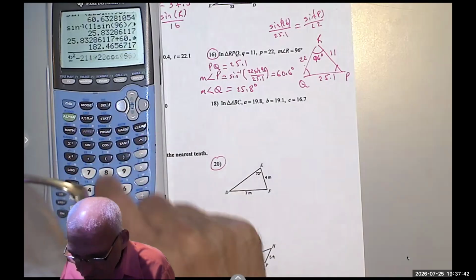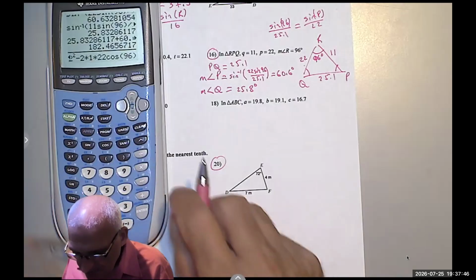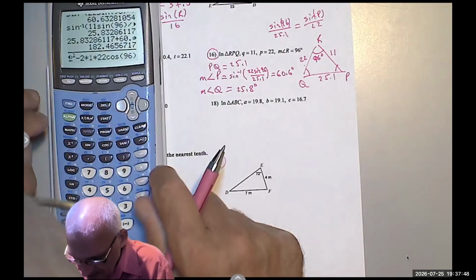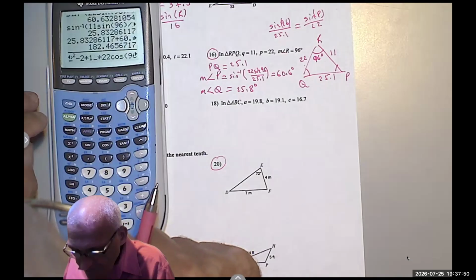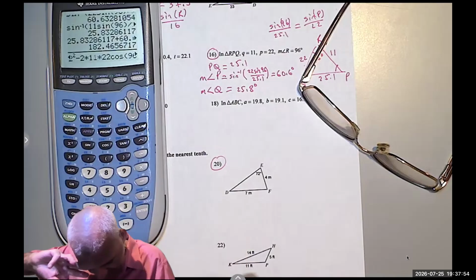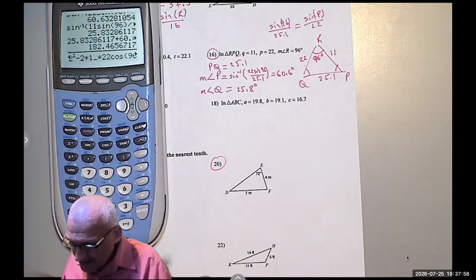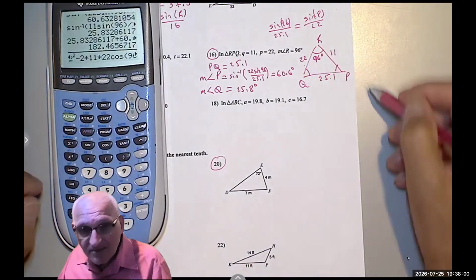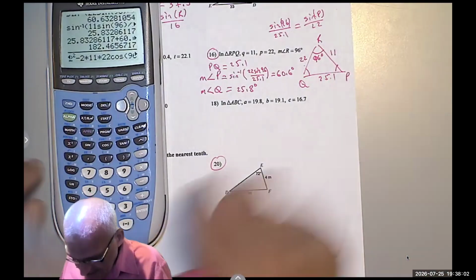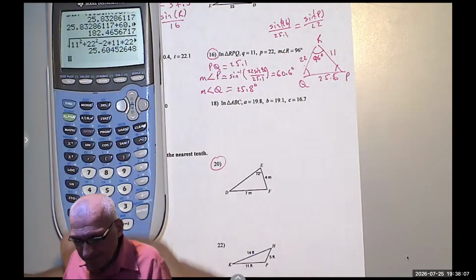I didn't subtract twice. I said 2, I said minus... oh, yeah. See, I did a horrible mistake. I subtracted just QR times PR instead of twice that. So this is 25.6.